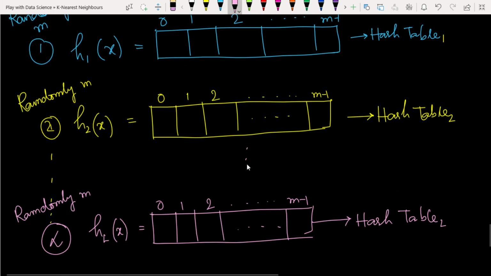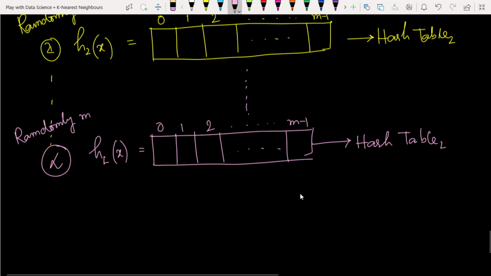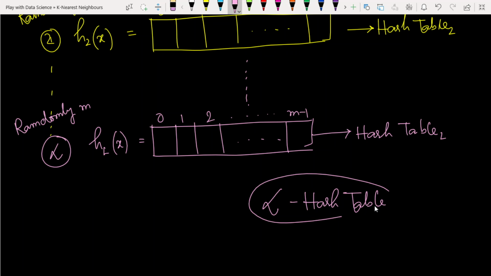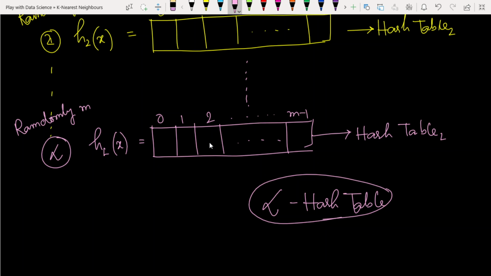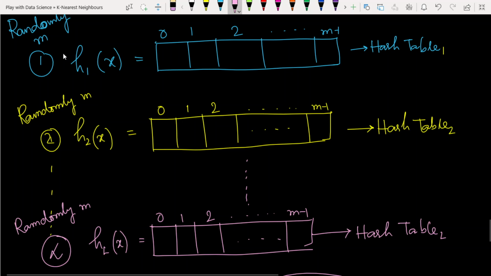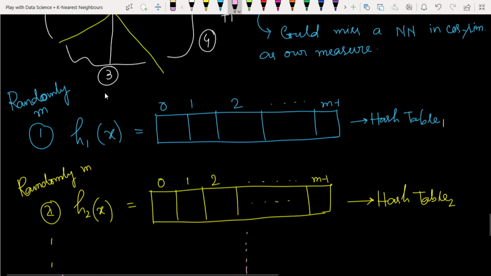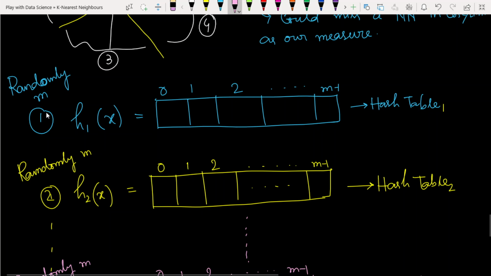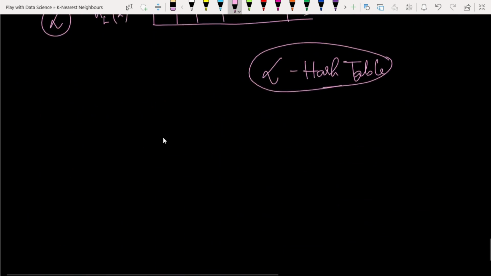I am repeating this l times, so we construct l hash tables. By repeating the same thing, we select the number of hyperplanes randomly each time.